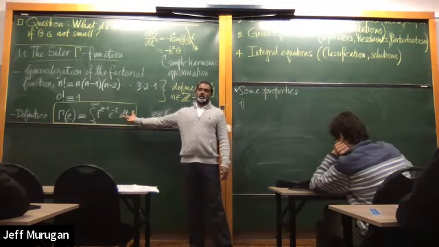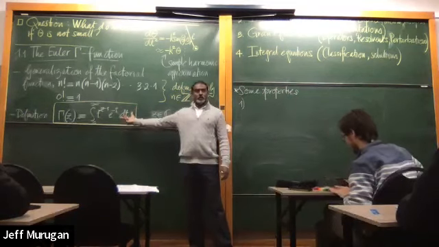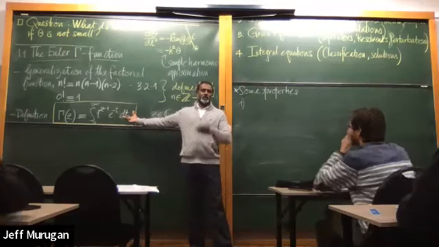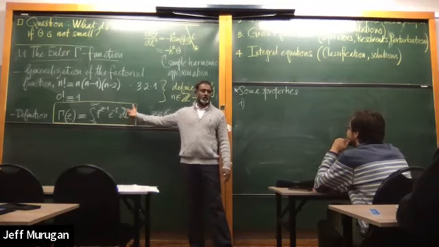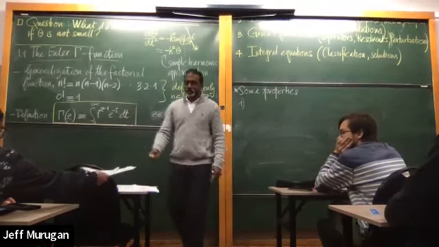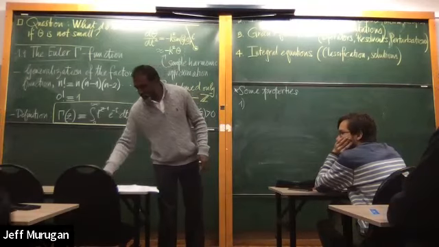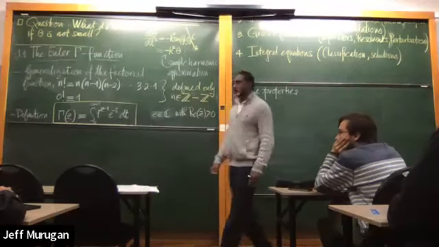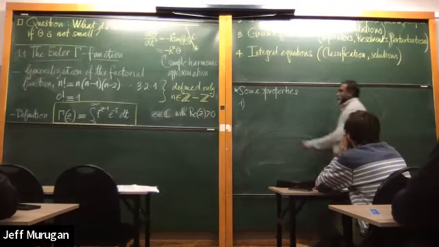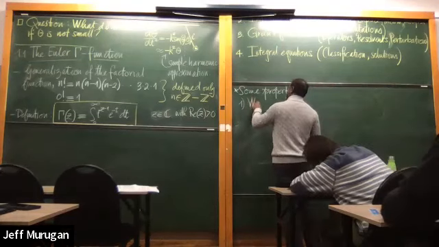The problem is that I will get singularities of this function at various places. In fact, I'll get an infinite number of singularities at all negative integers. Okay. And these are not bad singularities for those of you familiar with singularities in the complex plane. They're just poles. So we can analytically continue.